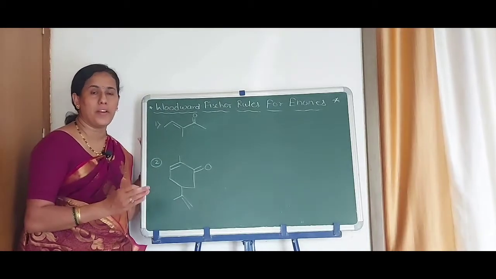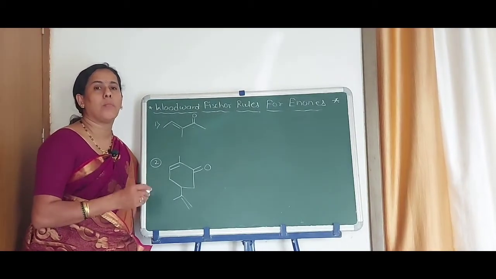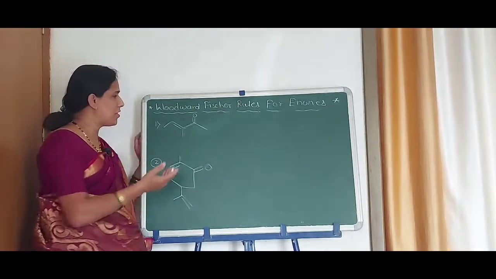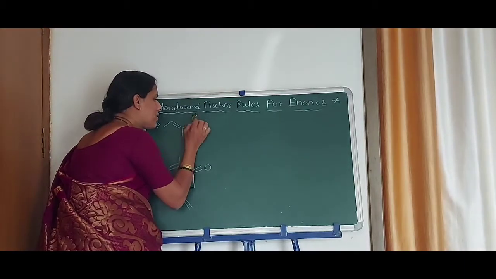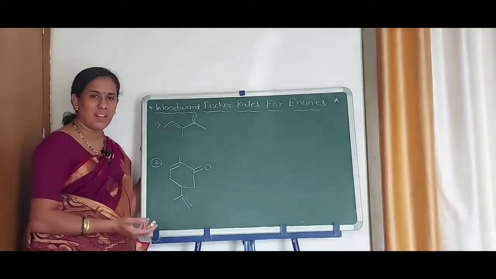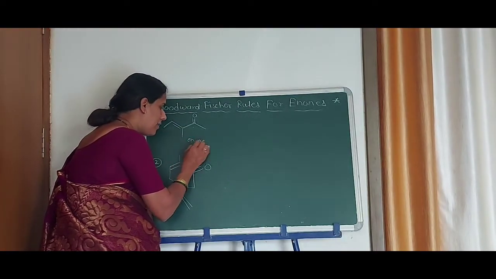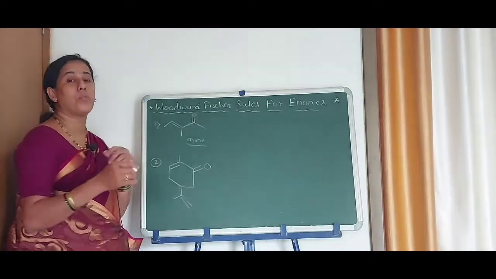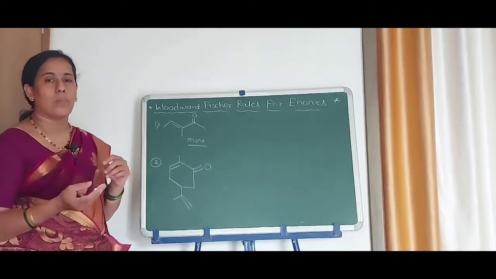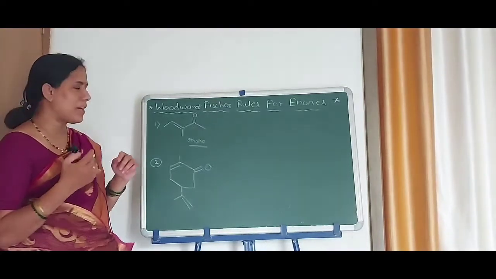First, we have to identify whether the given compound is a diene or an enone. This compound contains the carbonyl group, so we clearly understand that this is an enone. After understanding this, you have to specify the carbon atoms as alpha and beta.